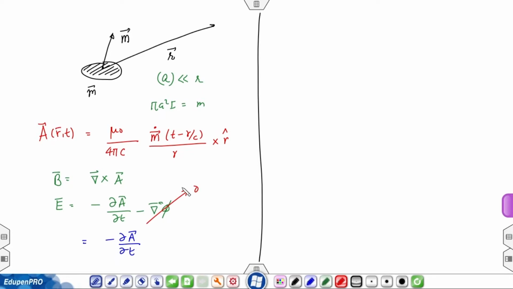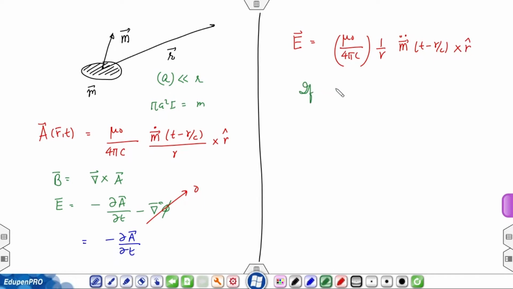as only minus ∂A/∂t, since grad φ is 0, φ is 0. So, it is easier to calculate E in this case, and I get E equals μ₀ over 4πc, 1 over r. The only time derivative occurs in m, and therefore, I can write this as m̈(t − r/c) cross r.